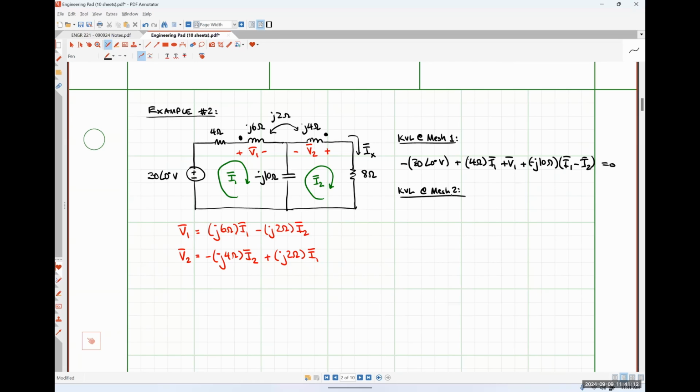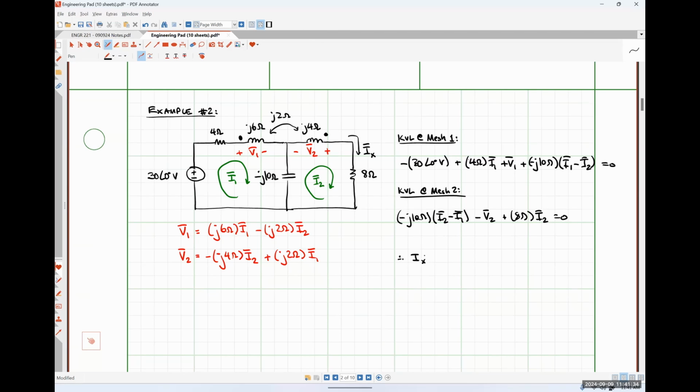KVL around mesh 2 would look like minus J10 times I2 minus I1 minus V2 plus 8 ohms times I2 is equal to 0.